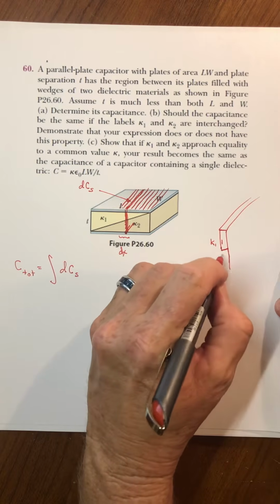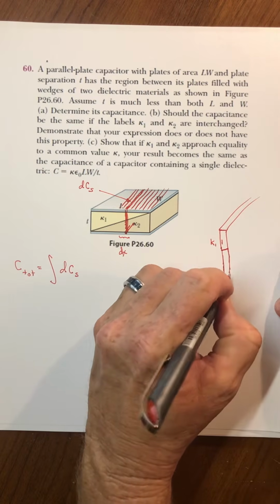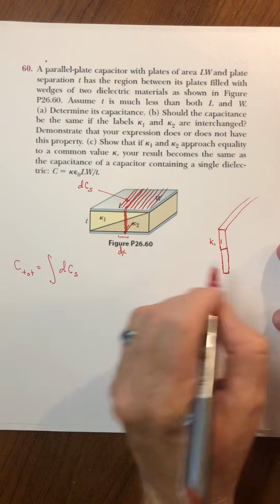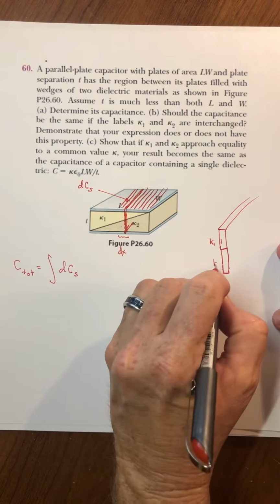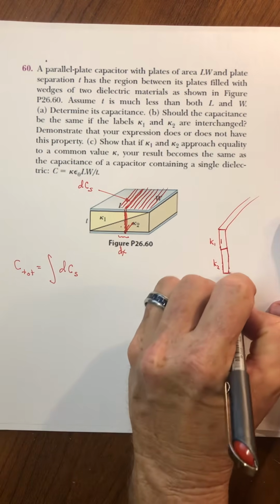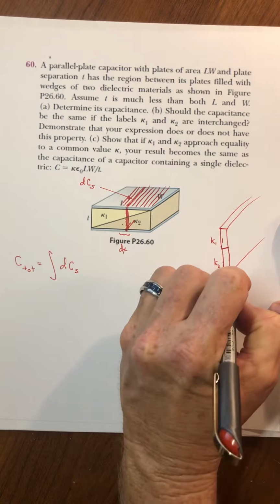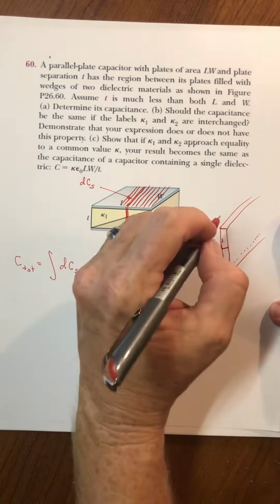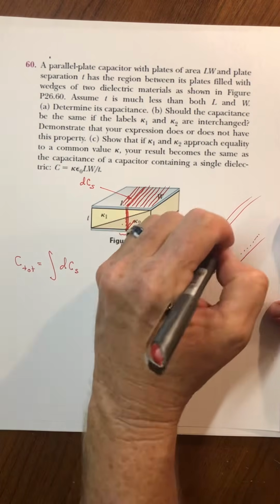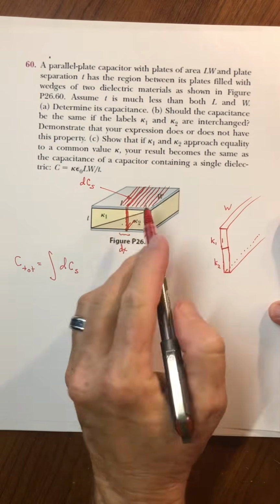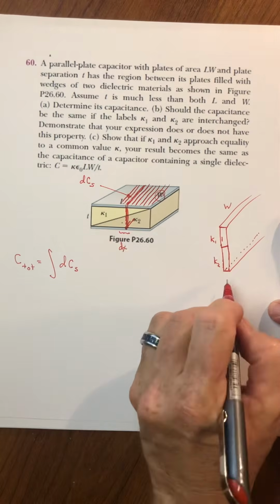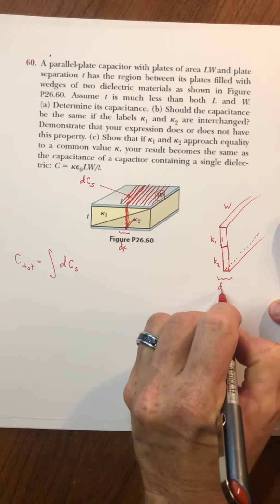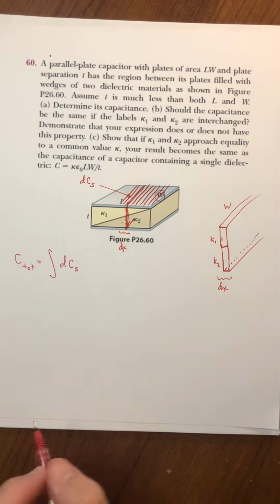And in the limit, it would be a straight line, and that's what we're going to eventually do here. And then below that would be some material of kappa 2, making the capacitor. And of course, this capacitor would go back a distance W. I kind of covered it up. And then, as I said, it has a thickness of dx.